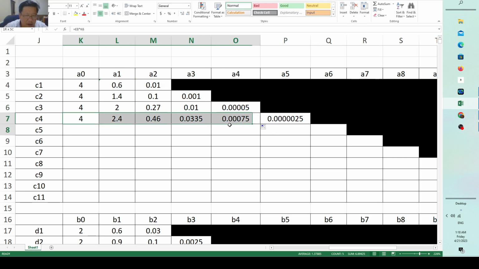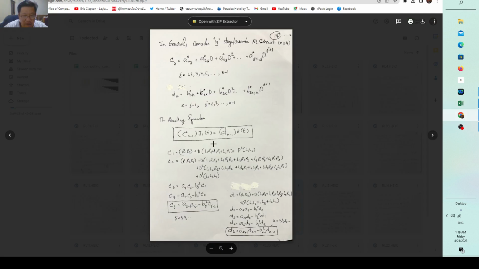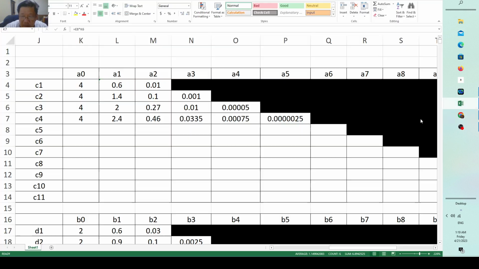This is just what we get here. If we are able to do it in the Excel form, if we follow this idea of updating C sub n minus 1 and D sub n minus 2 when n increases, it will become very easy once this platform has been developed.